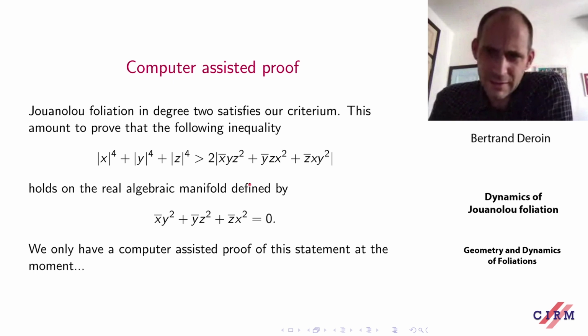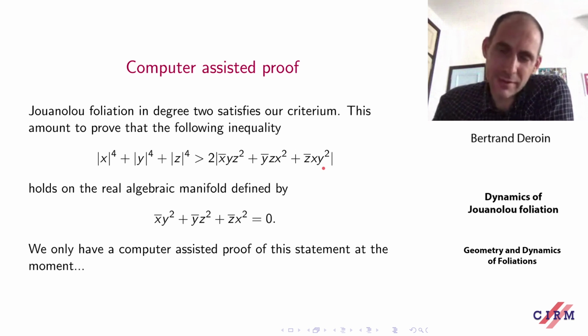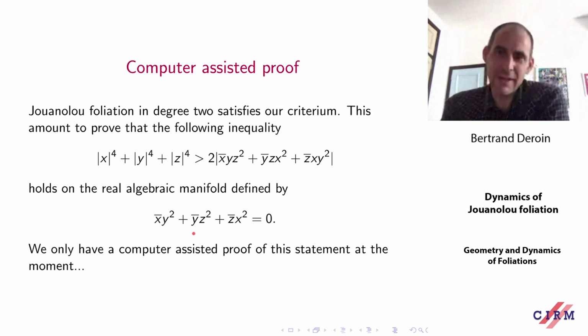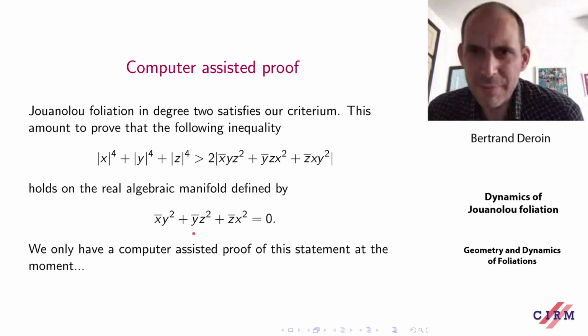It amounts to making a discretization of this surface by integer points, and to verifying that an improved inequality for these approximations is satisfied, so that we can deduce that on the real surface we will get the desired inequality.